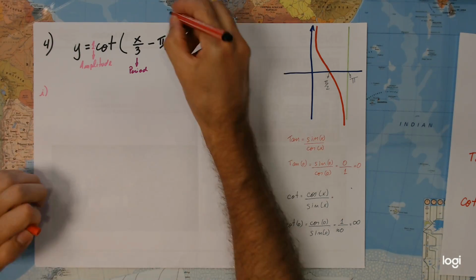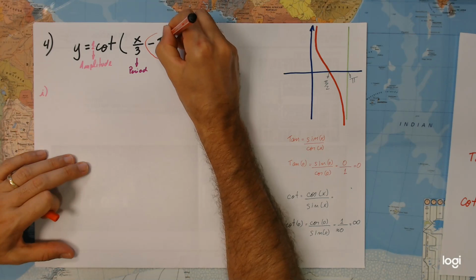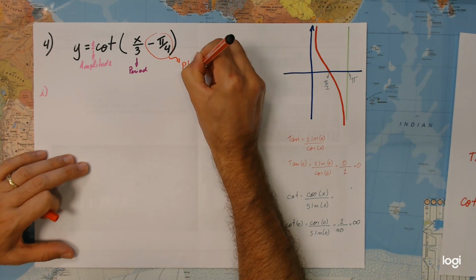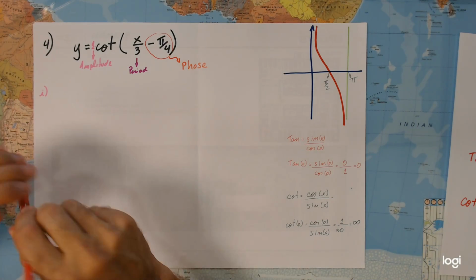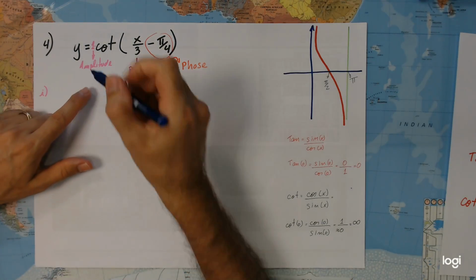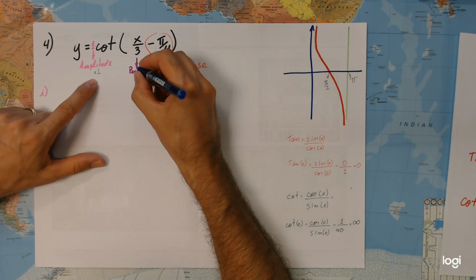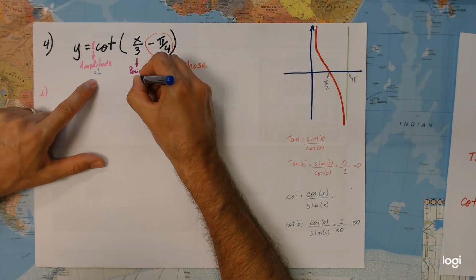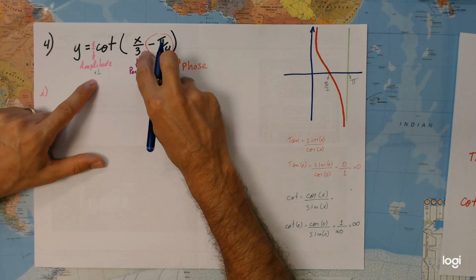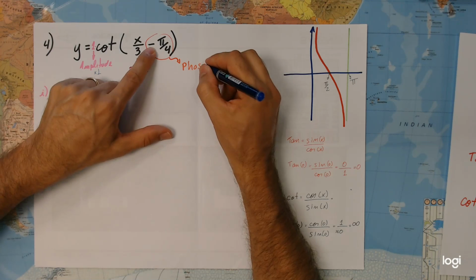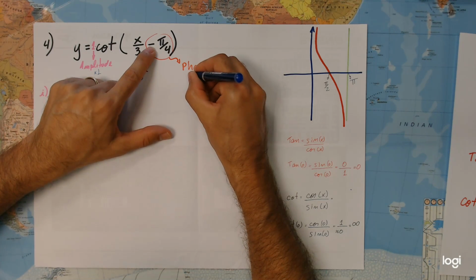And the phase we do have. Amplitude multiplied by 1, no big deal. The period we are going to multiply by 3. Why? Because we divide by 3 in here. And the phase, since it's a minus, then we are going to have a plus.